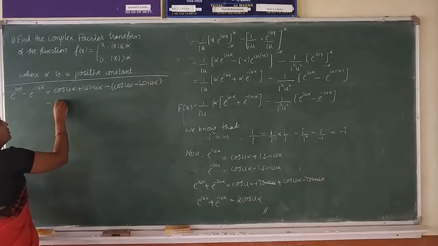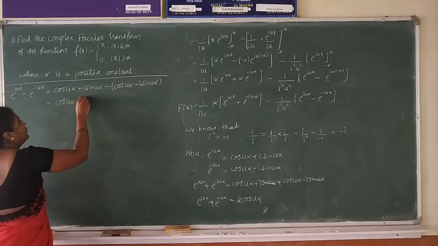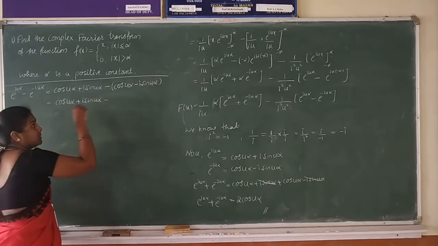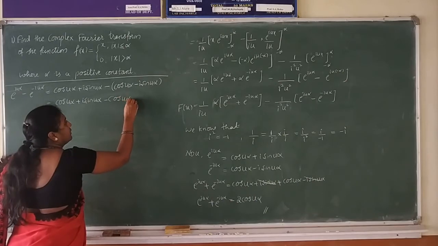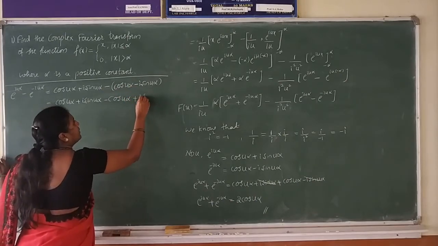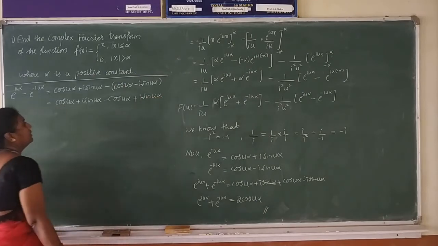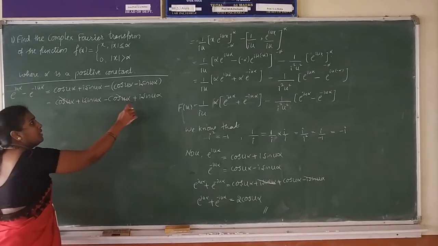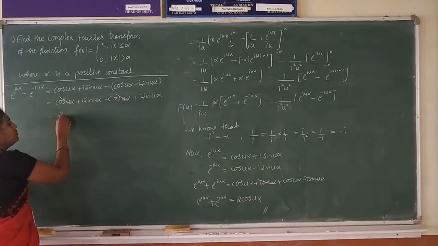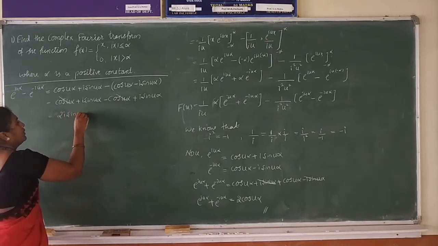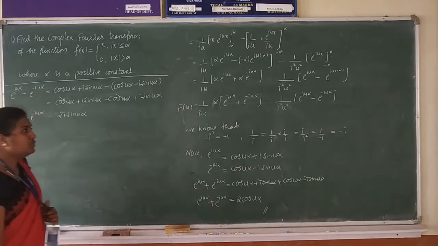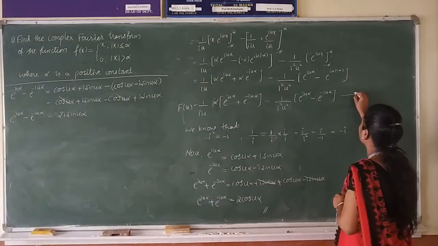That equals cos u alpha plus i sin u alpha, minus cos u alpha, minus into minus, plus i sin u alpha. Now cos u alpha minus cos u alpha cancel, and plus i sin u alpha plus i sin u alpha gives 2i sin u alpha. Let me call this equation 1.